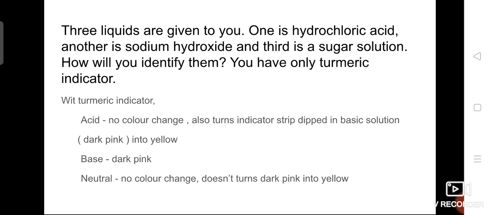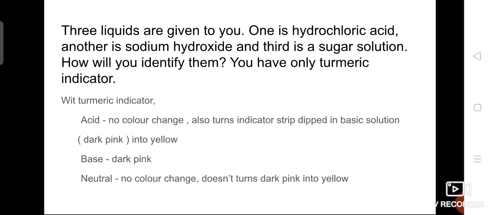Next, NaOH. Take another turmeric indicator strip and dip it in NaOH solution. Now it turns dark red, a dark pink. This shows that it is a basic solution. So you can easily identify.